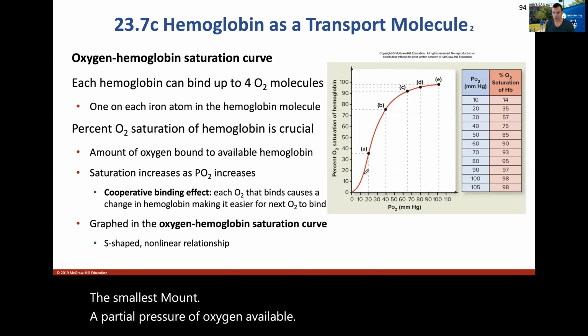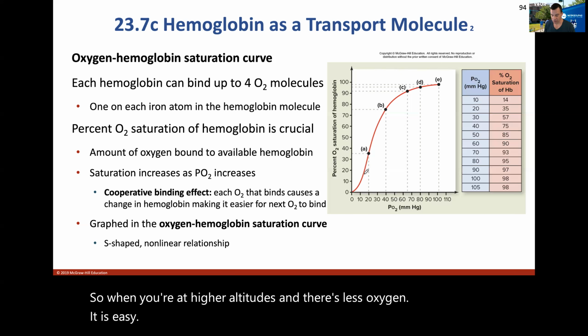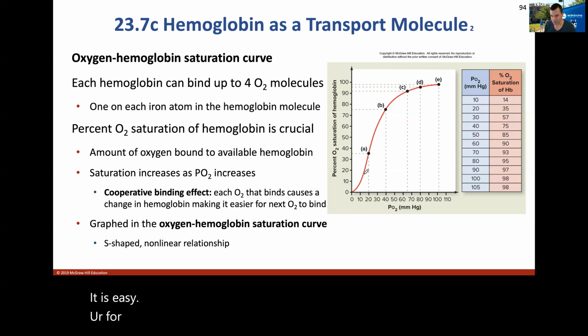So when you're at higher altitudes and there's less oxygen, it is easier for oxygen to get onto your red blood cells. Oxygen is less as you get higher in the atmosphere.